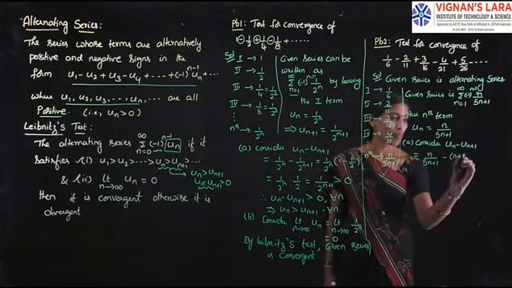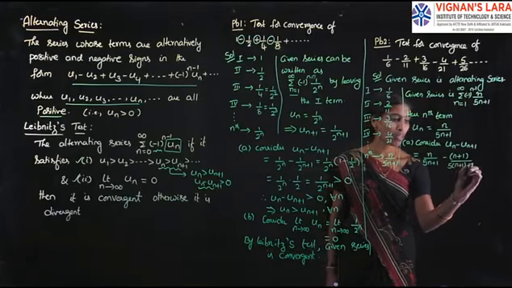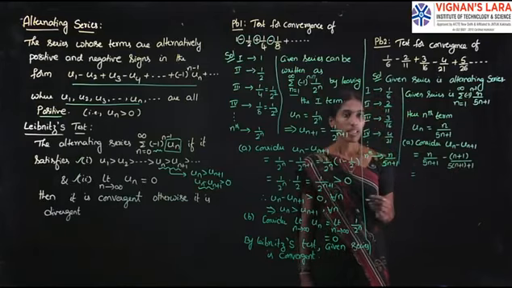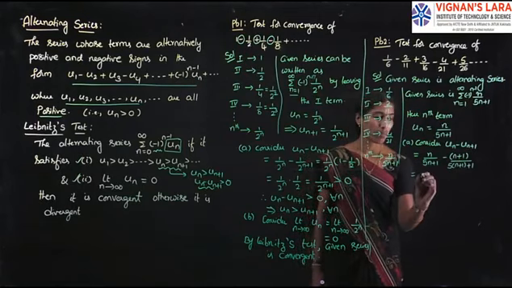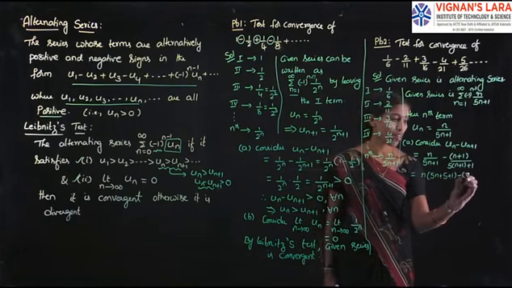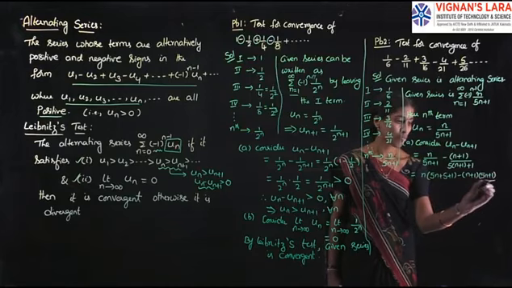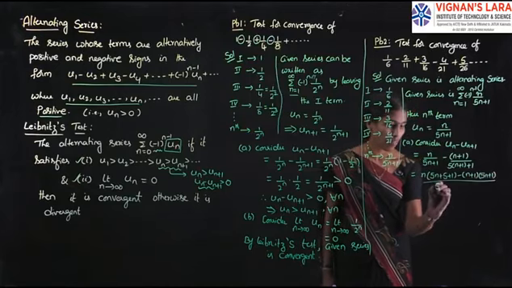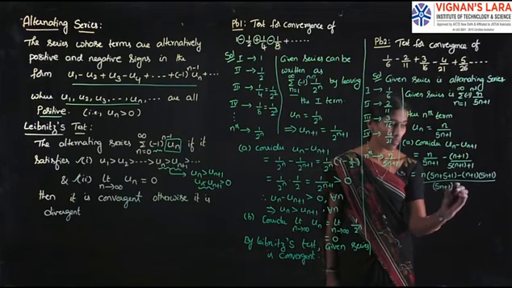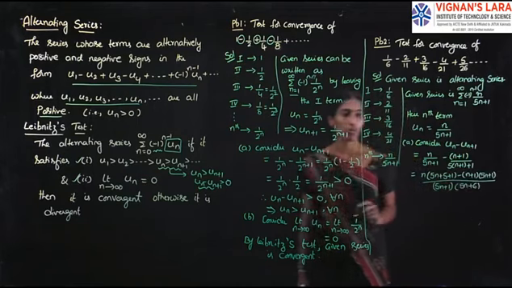So n plus 1 by 5 into n plus 1 plus 1 is equal to, applying the LCM, n into 5n plus 5 plus 1 minus of n plus 1 into 5n plus 1, by 5n plus 1 into 5n plus 6. This is the second term value, right?